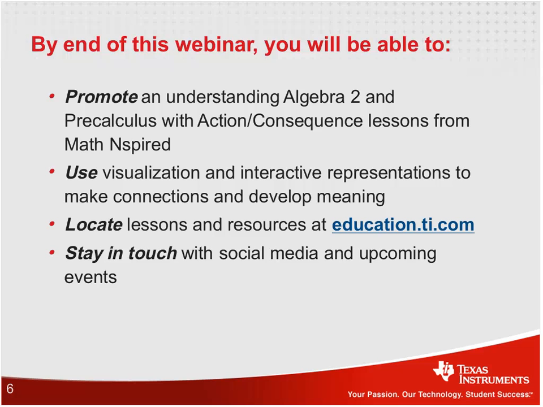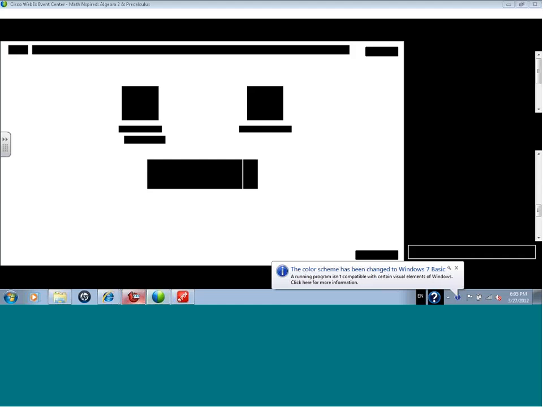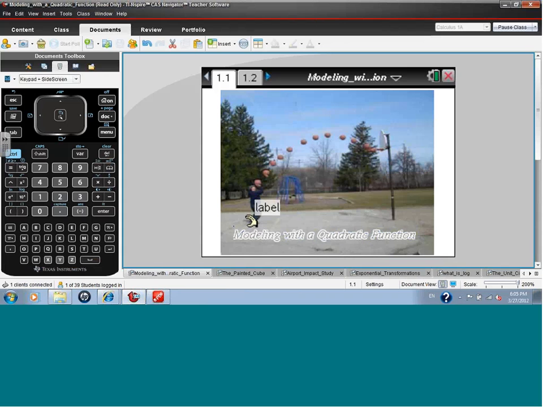Great. And so as Ray shares his desktop, and we'll be focusing on the teacher software here, the right side of your screen has now disappeared, but to access the Q&A window, you can hover at the green tab at the top of your screen.